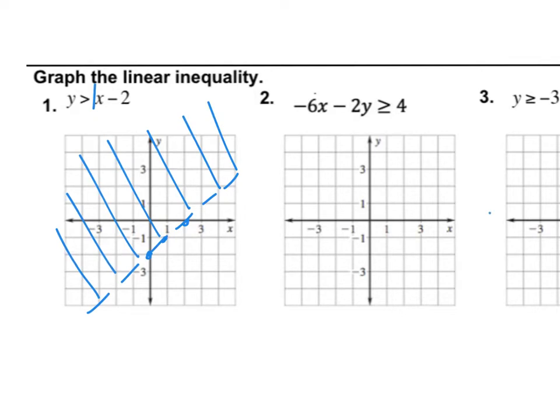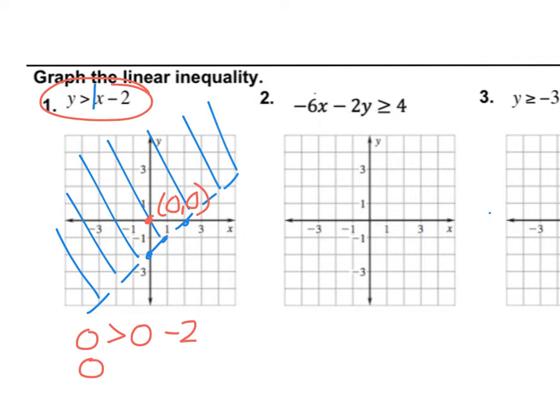Now, sometimes it's confusing for us to know which way is the shaded up or the shaded down. So a lot of times what we'll do is pick the point 0, 0. We're picking that point because it's an easy one to plug into the inequality. So I'd come back up to my original inequality, and I'd plug in 0 for y is greater than x, which is 0, minus 2.